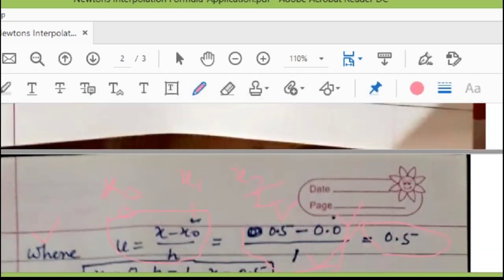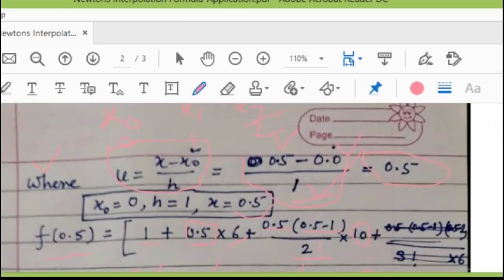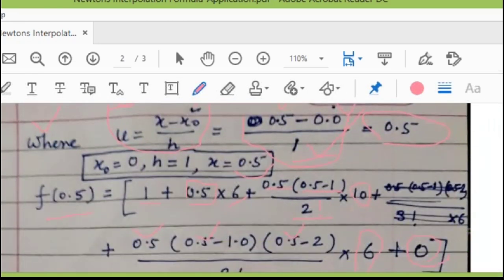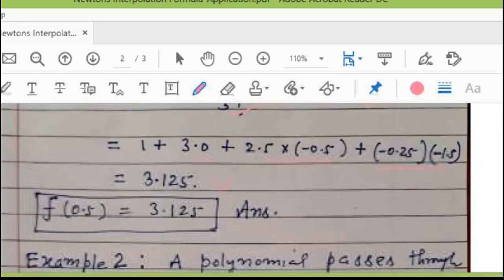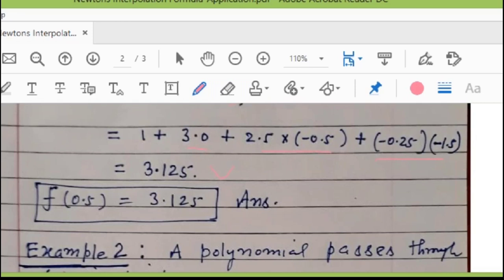It is a very big, wide neighborhood, not narrow-minded. So similarly, you can do 0.4, 0.3, and so forth, smaller fractions for each and every value of x. Newton's forward interpolation formula will give you the value of the function.